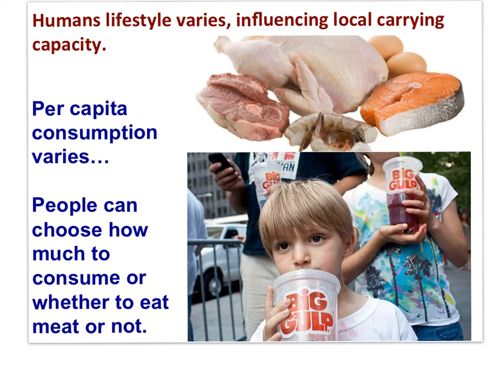People can choose to eat higher or lower on the food chain. In other words, to be a meat eater or a vegetarian. People can choose to eat more or less processed food, and these choices affect local carrying capacity. As a note, meat-eating cultures are high consumers because of the 10% rule that you learned when we studied ecology.